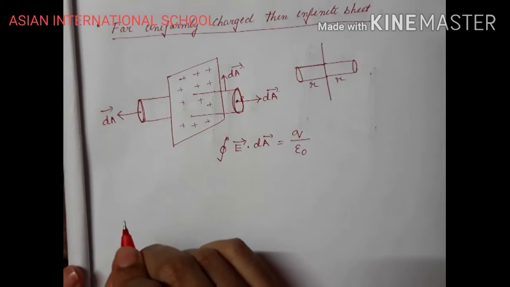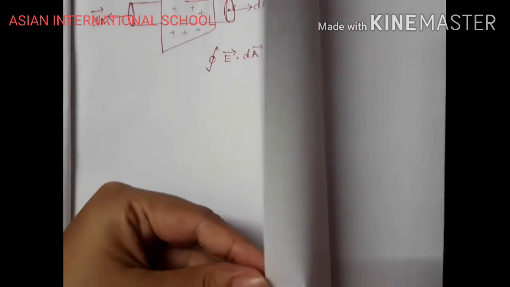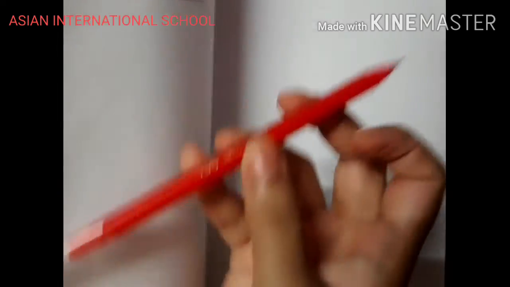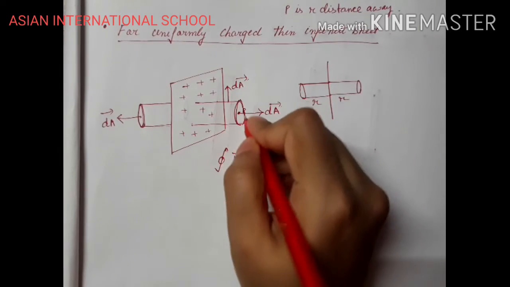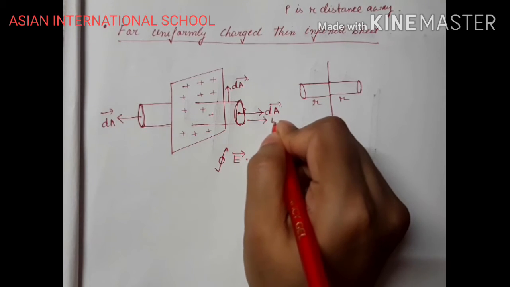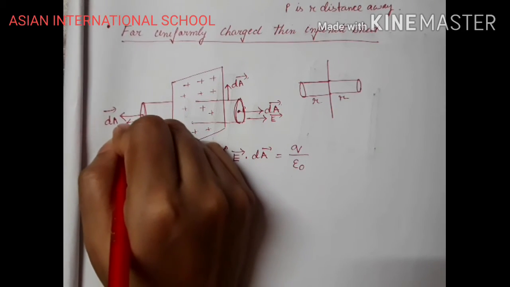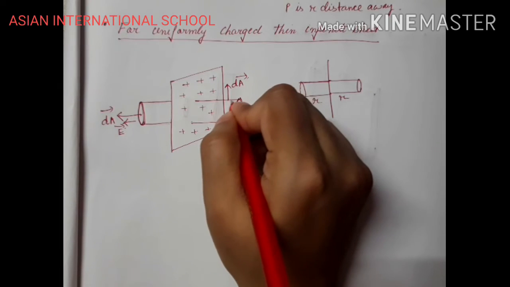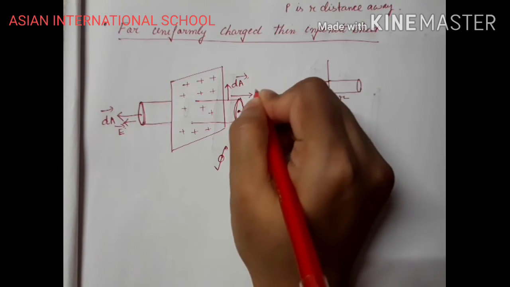Now it's a charged sheet. So suppose this is a charged sheet, how will the electric field lines come out? In this way, all the electric field lines will come out from the sheet. So here, if you see, the electric field is along the same direction as the area vector, but for the curved surface, the electric field is making an angle of 90 degrees.